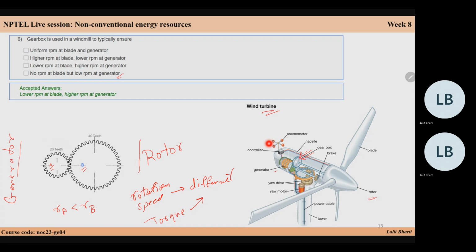So if your larger disk rotates your smaller disk, where VA is the rotation speed of the smaller disk and VB is the rotation speed of the larger disk, because their diameters and circumferences are different, for a single rotation of disk B there will be multiple rotations of disk A. Let's say rotation 1 will give you, for example, 40 rotations. So the rotation speed of the smaller disk will be higher, whereas the torque will be lower.